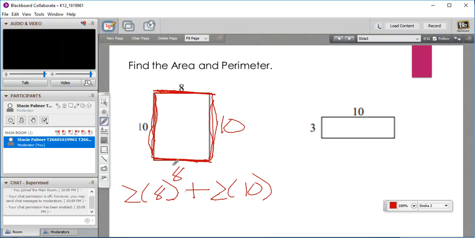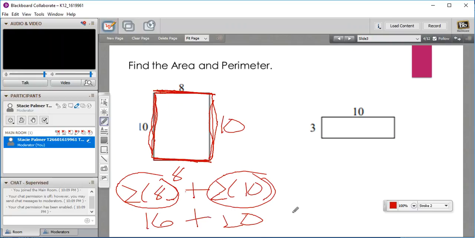Then we follow order of operations to simplify this. We have to do our multiplications before we do our addition. So 2 times 8 is 16, 2 times 10 is 20, and 16 plus 20 is 36.